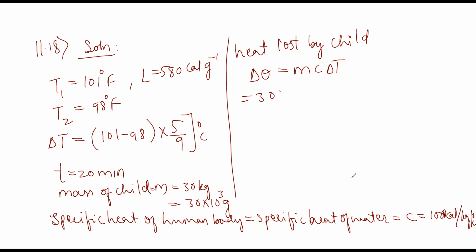So substitute all the known values: 30 into specific heat 1000 into change in temperature (101 minus 98) into 5 by 9, because it is in Fahrenheit. So after simplification, we got this as 50,000 calorie.